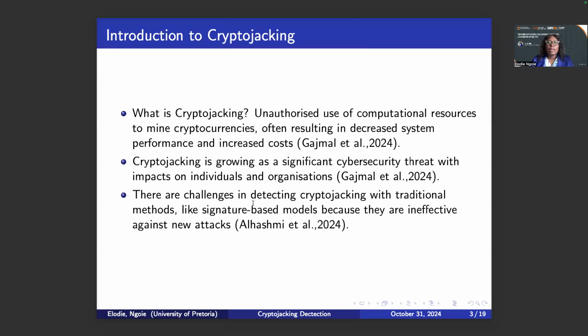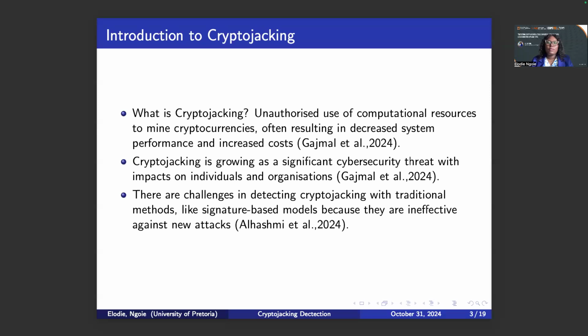To start with, what exactly is cryptojacking? Cryptojacking is an unauthorized use of someone else's computer or device to mine cryptocurrency. This unauthorized activity leads to decreased system performance and increased operational costs.